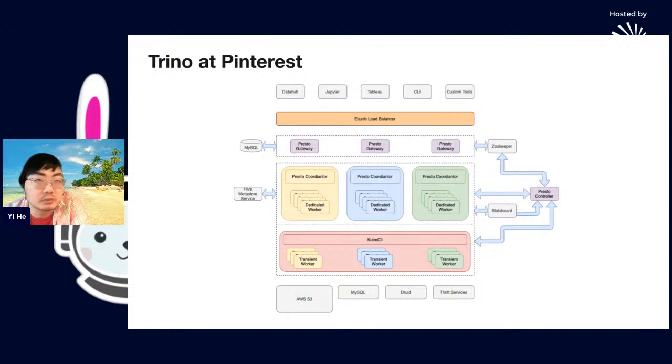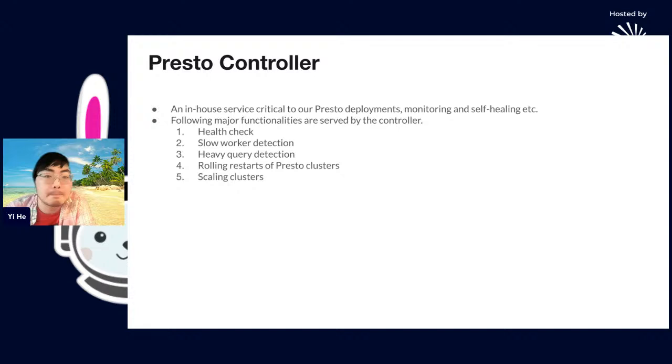Our Presto workers run on two types of machines: either dedicated EC2 instances or Kubernetes pods. On top of that, we have a group of tools we call Presto Controller that helps maintain the healthy status of the cluster. Presto Controller is a standalone service that we developed. It manages the Presto clusters' deployment, monitoring, and self-healing.